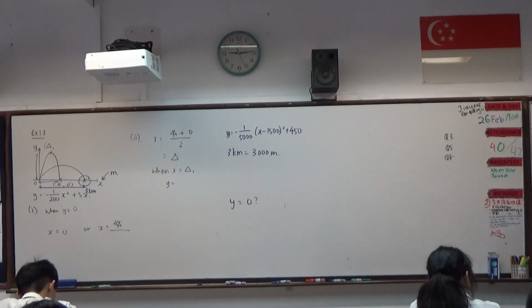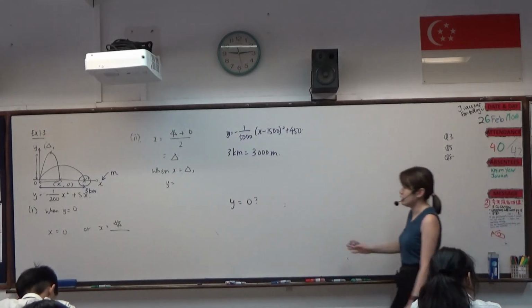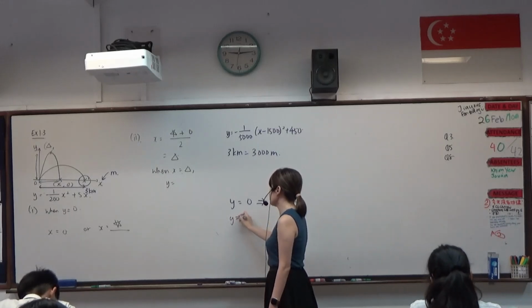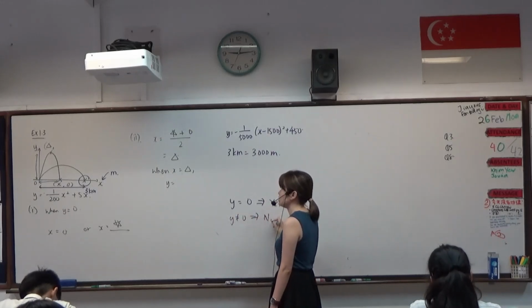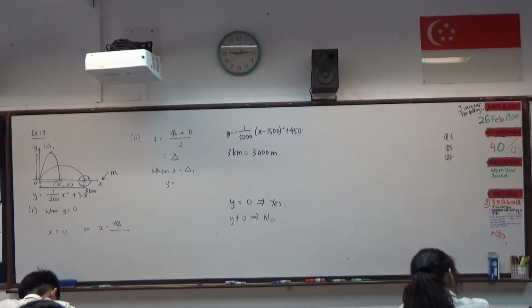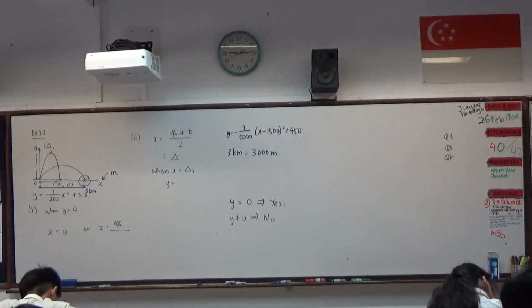If y is equal to 0, then yes, it hits. If y is not equal to 0, then your conclusion will be no. I'll leave it to you to phrase it in your own words, otherwise I'll just be doing your homework.